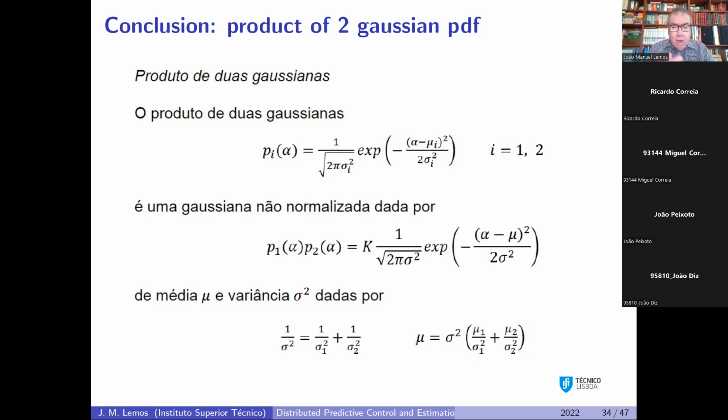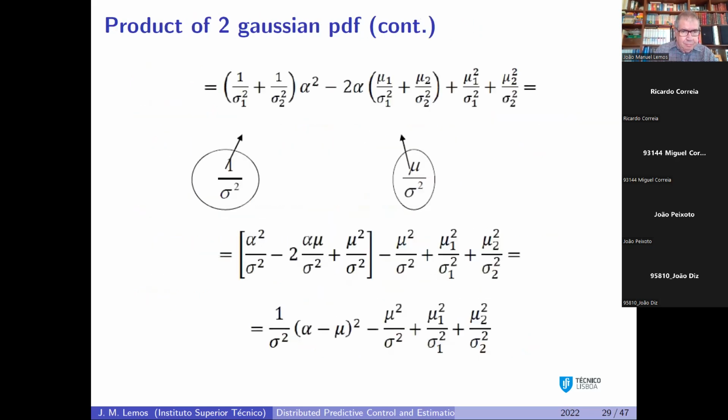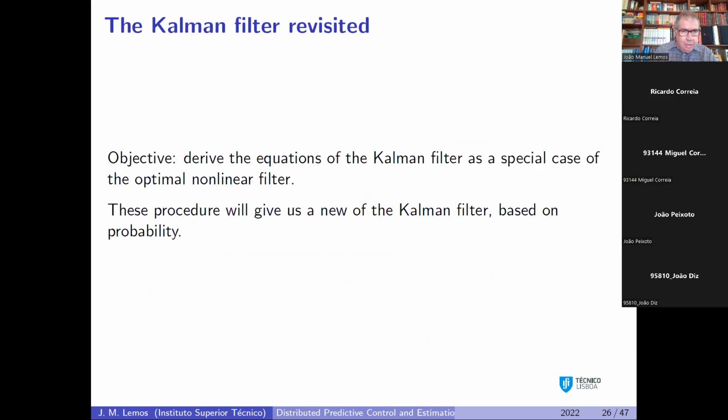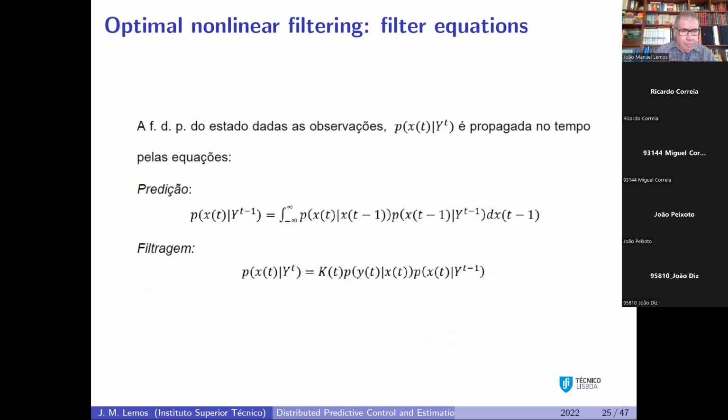So let's go back to the equations of the filter. When you do these operations, you know that this is a Gaussian: the probability of the state given the observations up to time t. This is a Gaussian function with some mean and covariance.